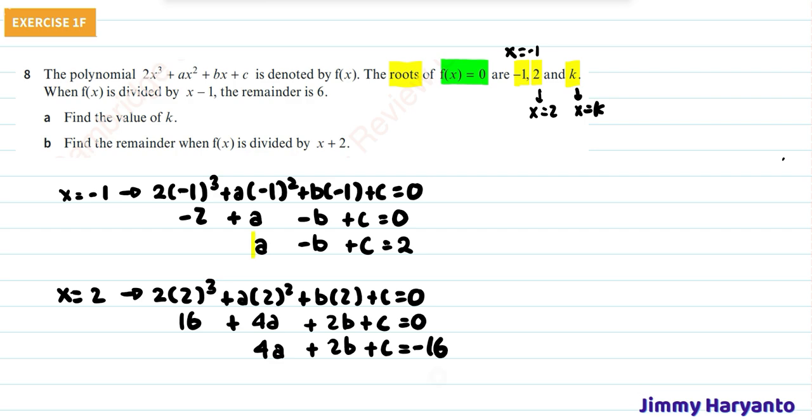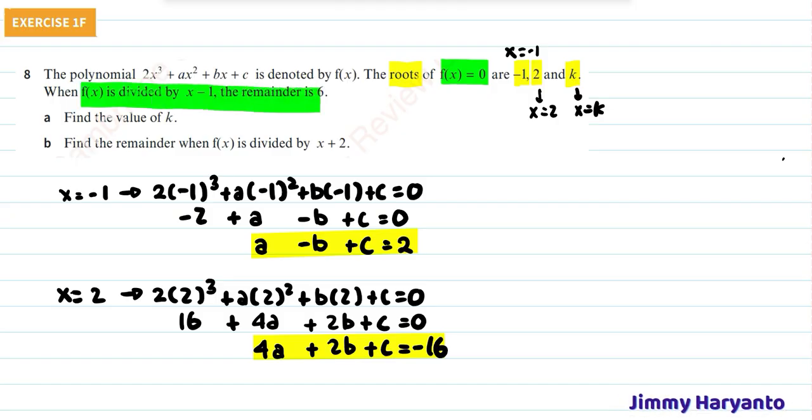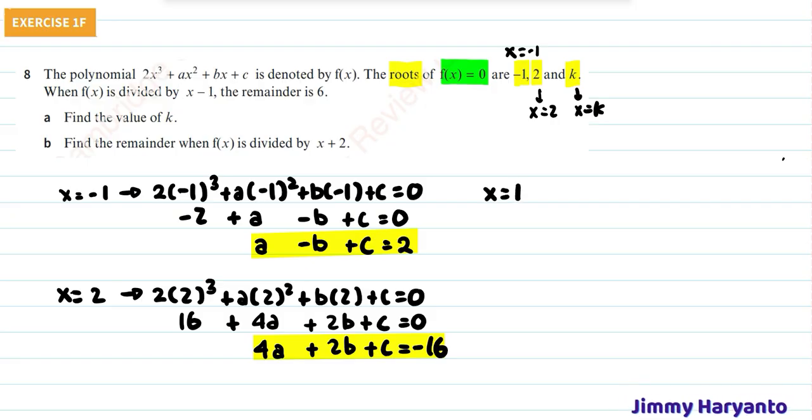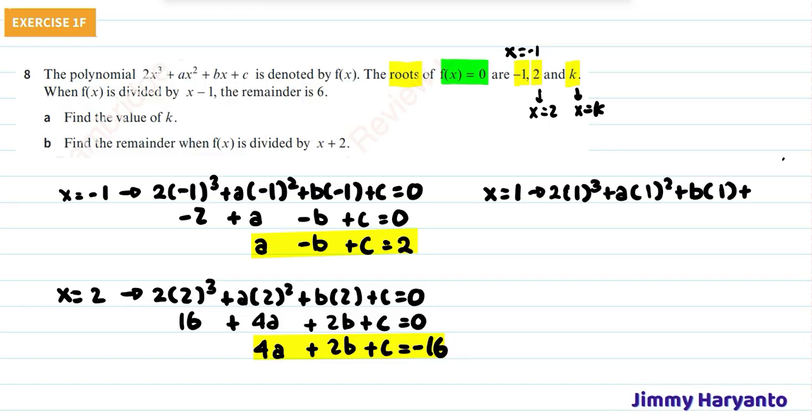Okay, so this is our first equation, this is our second equation, and then we can get the third equation from this one. When f(x) is divided by x minus 1, the remainder is 6. So x minus 1 means x equals 1. I can input it into the polynomial: 1 to the power of 3 plus a times 1 to the power of 2, and then plus b times 1, and then plus c.